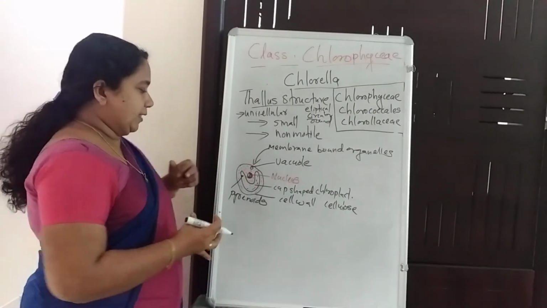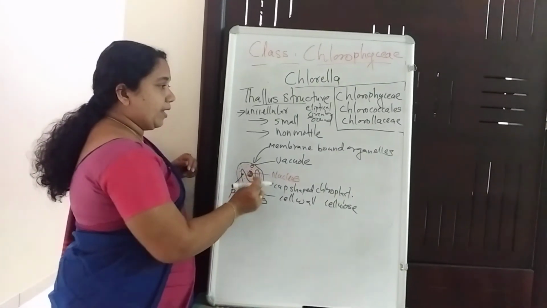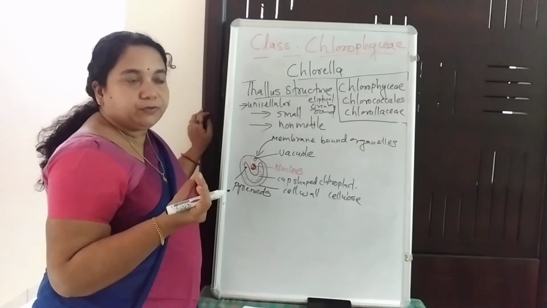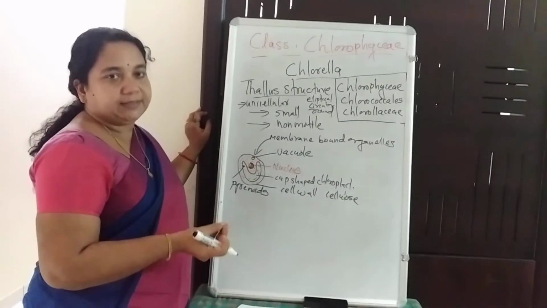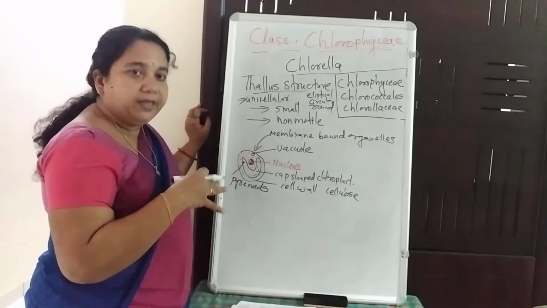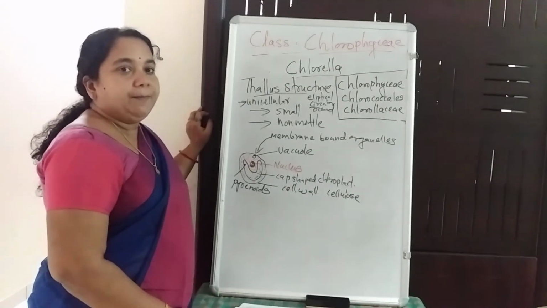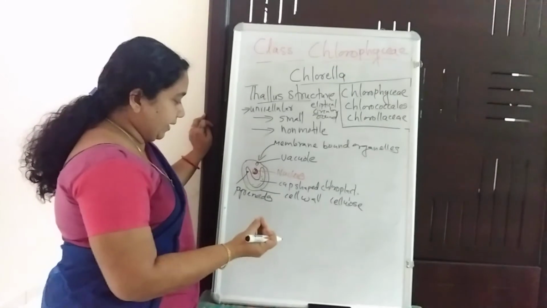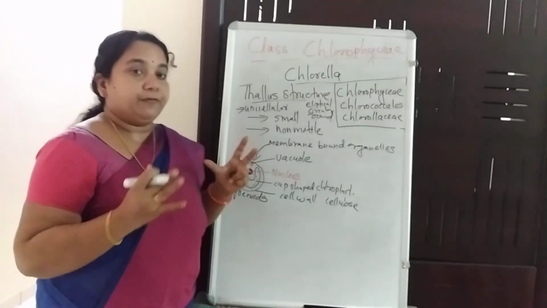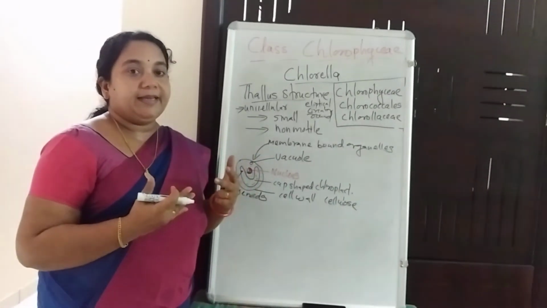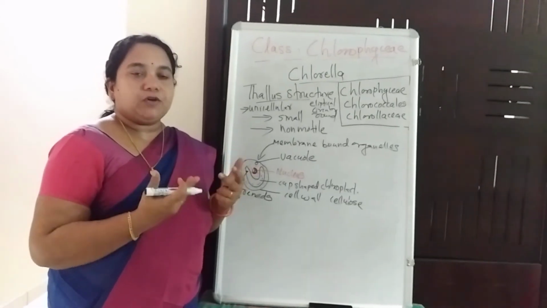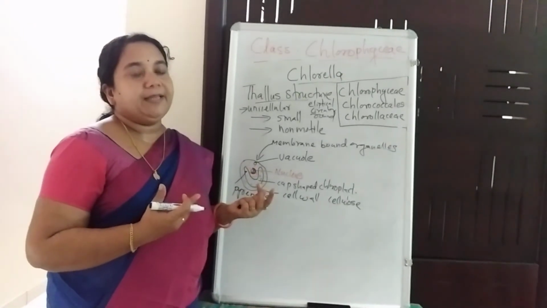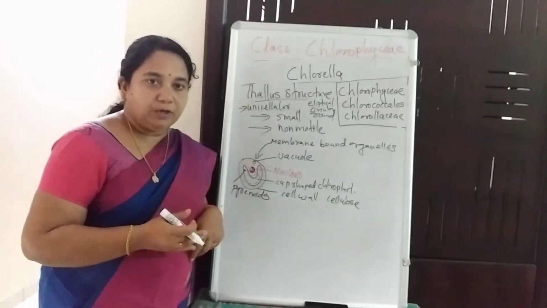Another specialty is that in the cup-shaped chloroplast, the granules to capture the light are seen in the periphery of the chloroplast. Why? Because the presence of these pigments on the peripheral side can enhance the rate of absorption of sunlight. So the coloring pigment is seen in the periphery of the cup-shaped chloroplast.